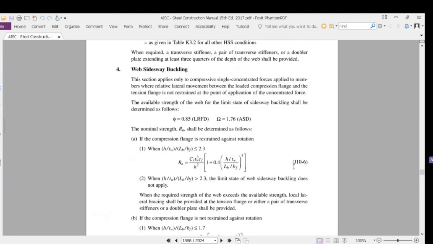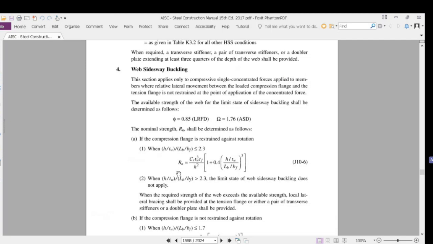For this expression J10-6 to be applicable, the ratio of web depth by thickness of the web divided by the ratio of the laterally unbraced length by width of the flange should be less than or equal to 2.3.